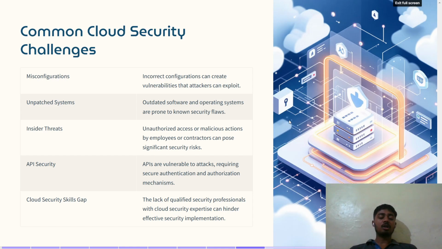Now, API security. As APIs are vulnerable to attacks, requiring secure authentication and authorization mechanisms is very useful. Cloud security skill gaps: the lack of qualified security professionals with cloud security expertise can hinder effective security implementation.